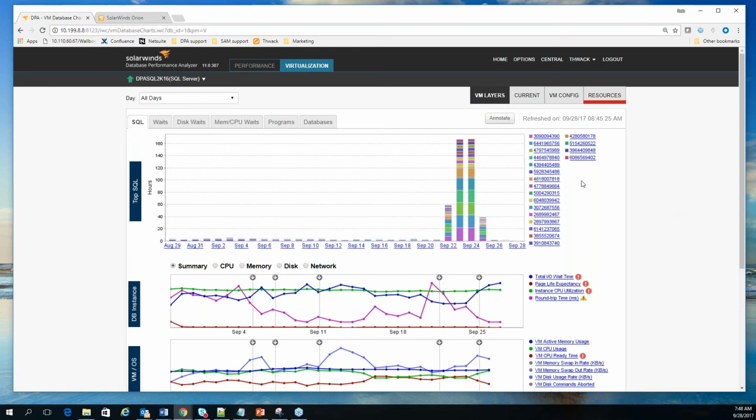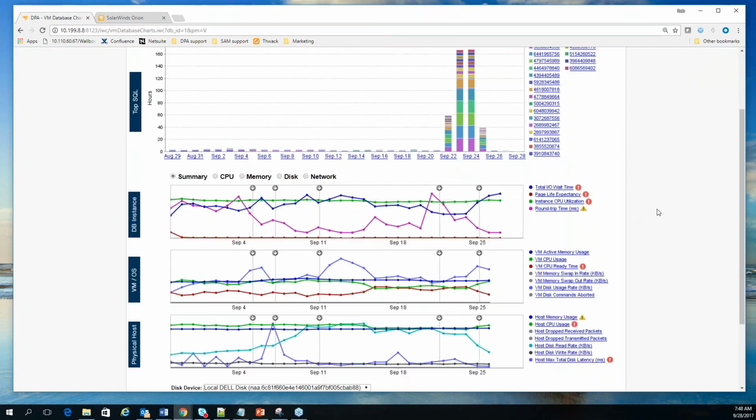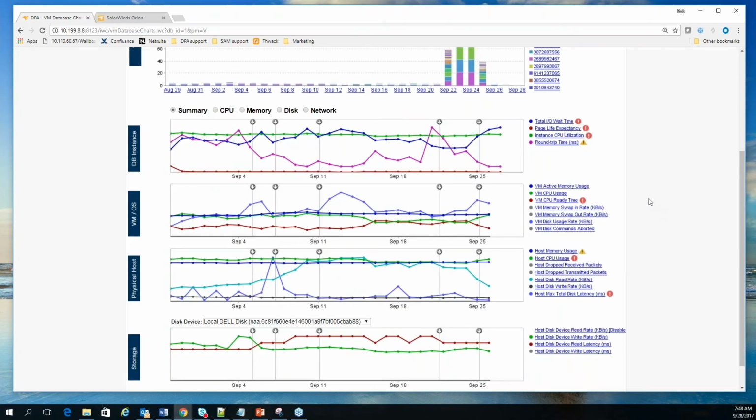So here we start with the waits again, because we always want to start with the waits. But then down below you can see that we get this layered cake look, I don't know what to call it, of different metrics. What this allows you to see is the activity: are the waits above being driven from the instance? So in other words, am I seeing some kind of pressure here within my instance metrics?